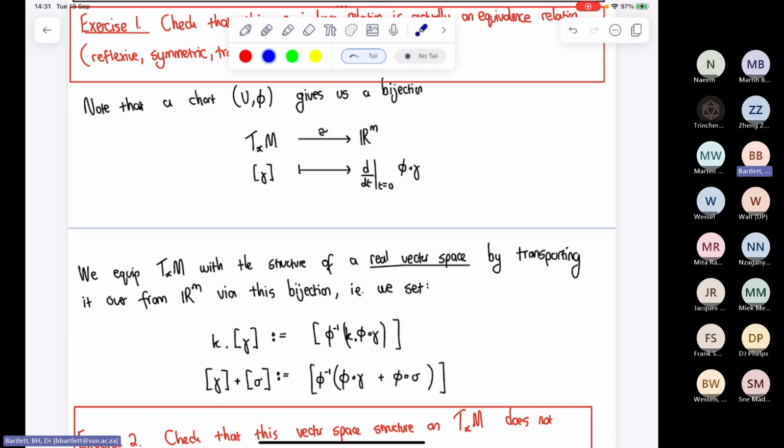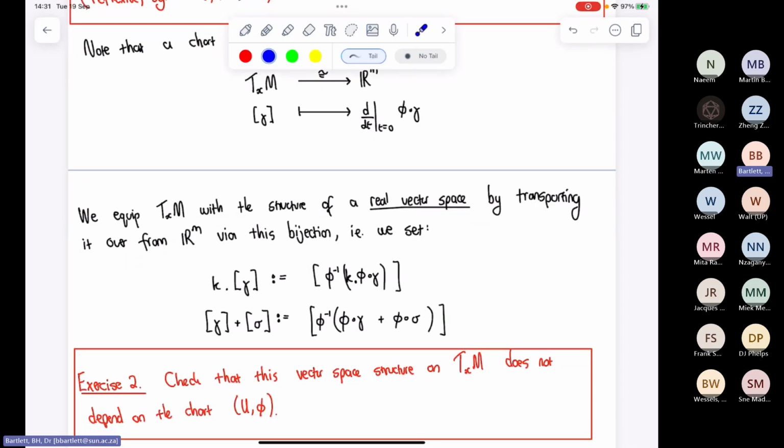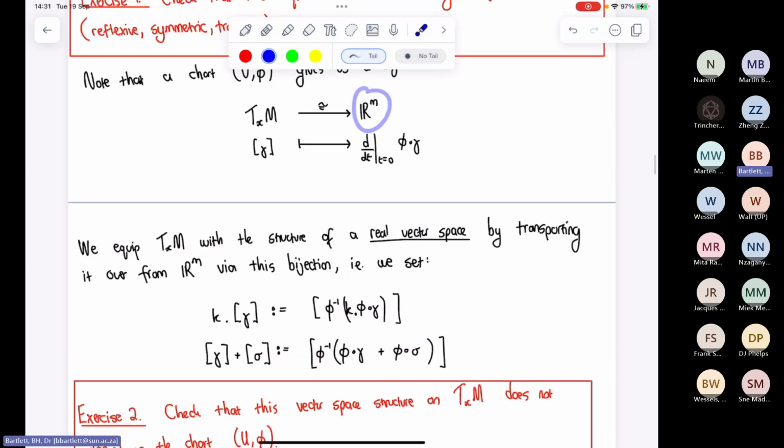So the thing you have to check, of course, is that this vector space structure, now that I'm stealing from Rm using the chart phi, is not going to depend on the chart phi that I'm using. So if I use a different chart, I'd get the same definition of addition and scalar multiplication.